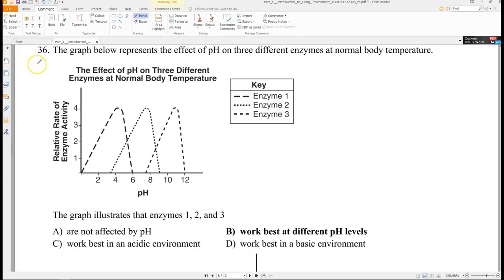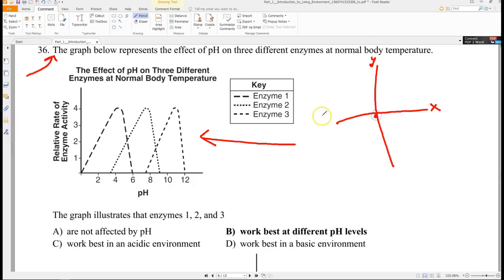So here we have, again, started from the top. The graph below represents the effect of pH on three different enzymes at normal body temperature. Remember that from a normal graph, this being the y-axis, this being the x-axis, this being 0, this being negative, this is quadrant 1.